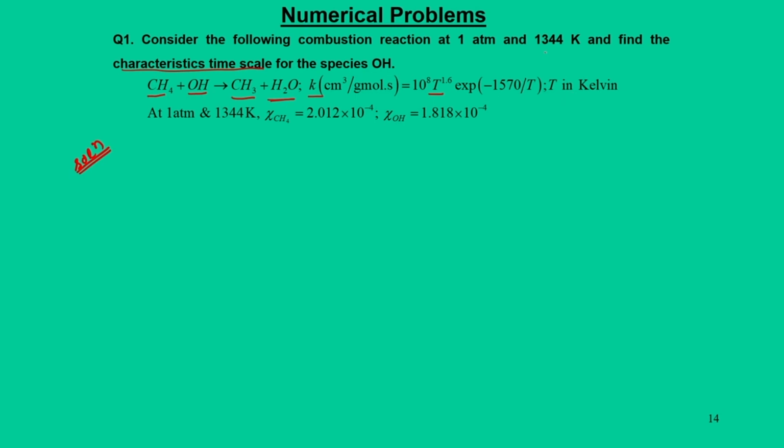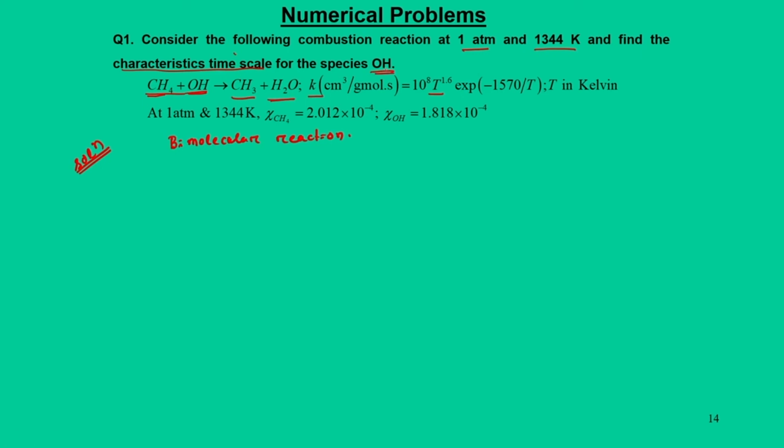The reaction is happening at 1 atmosphere and 1344 Kelvin, and this reaction is a bimolecular reaction, because we have two species, CH4 and OH. What has been asked for is the characteristic time scale for OH.